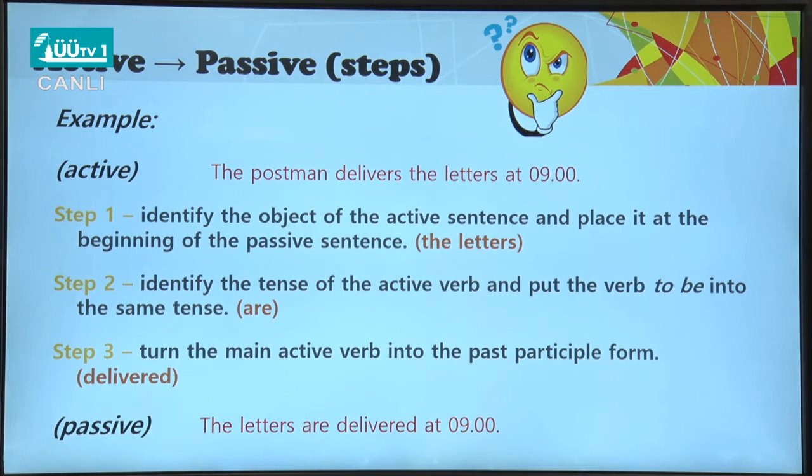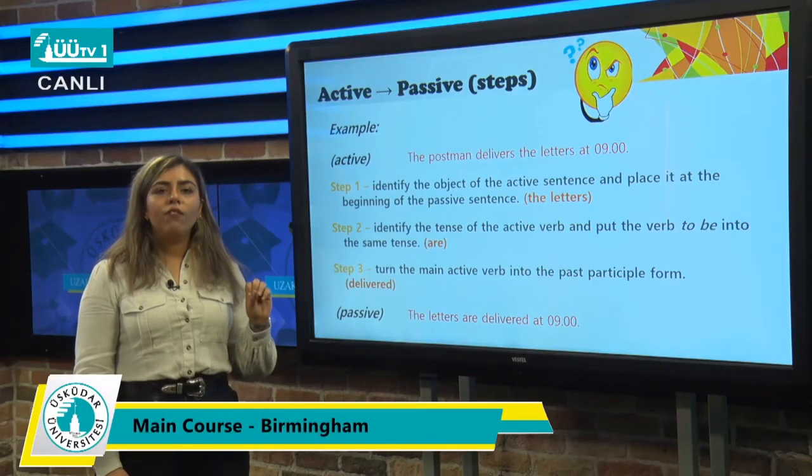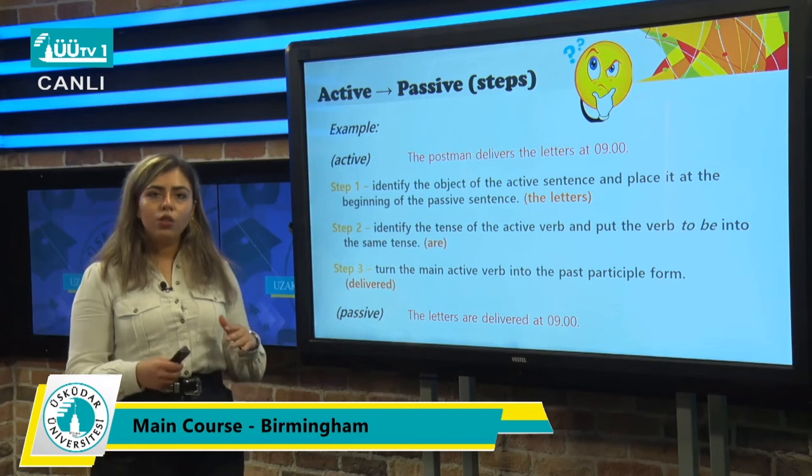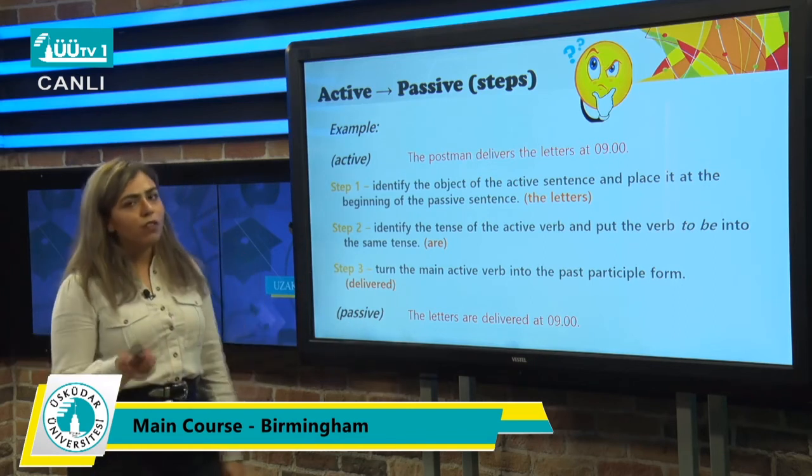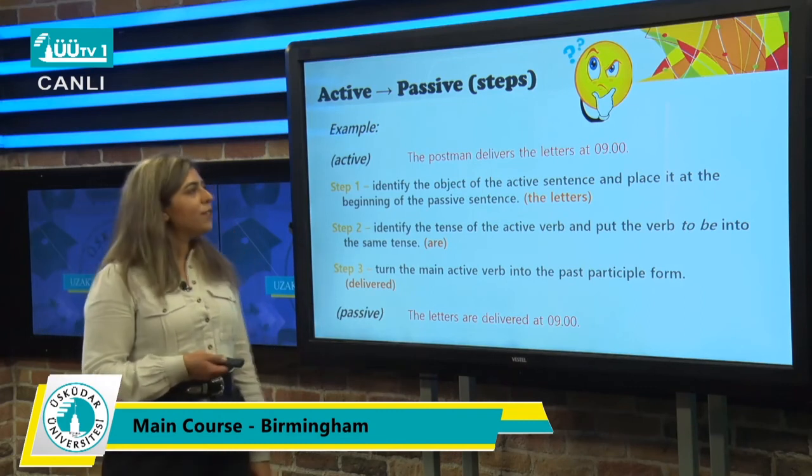Did you see how easy it was? You just need to first identify the object and place it at the beginning of the sentence, then identify the tense, and then change your main verb to the past participle. That's it. Then you can form your passive voice.